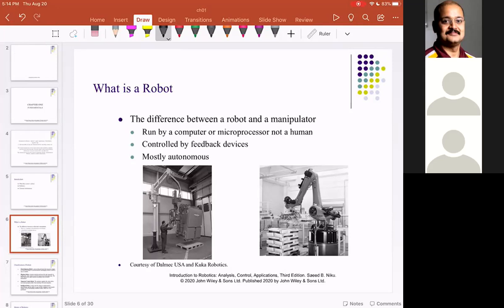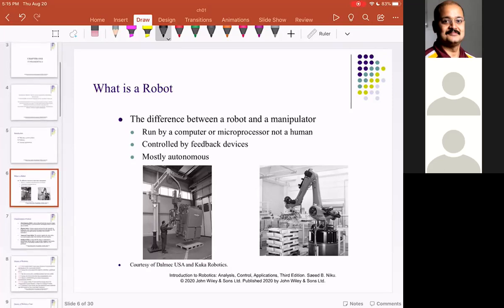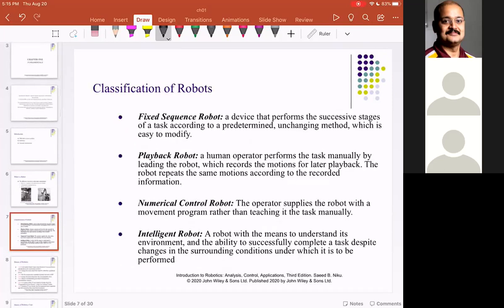How does robot behavior change when instead of just one robot, you have two or more robots working together? That is called swarm robotics. So the robotics field is growing, and by the time you graduate, there will be new and interesting areas in robotics available.